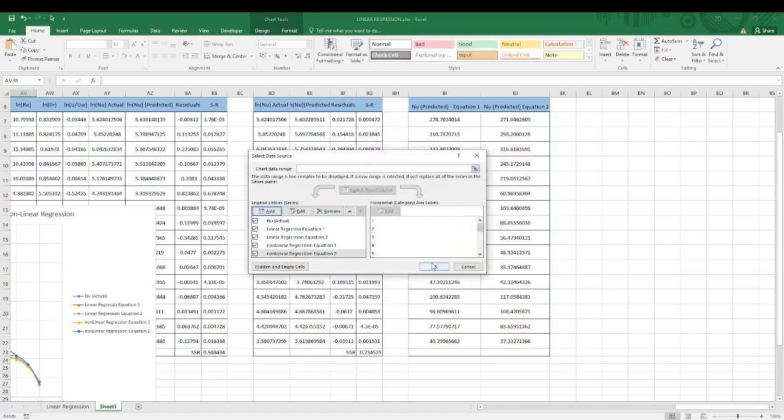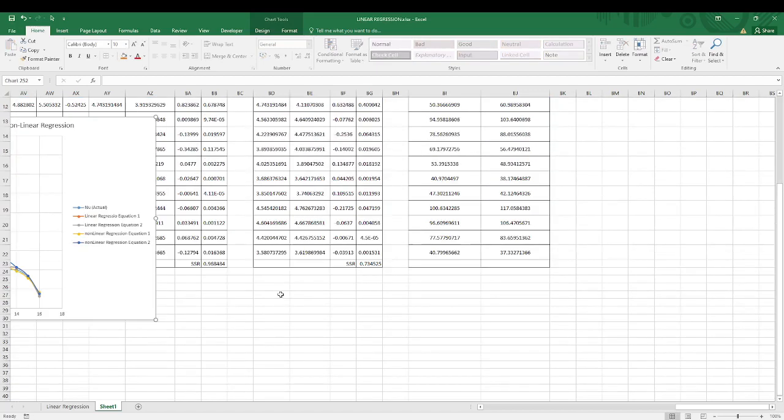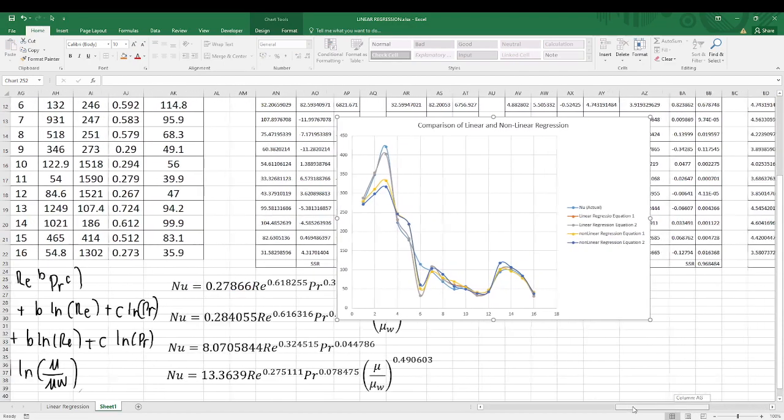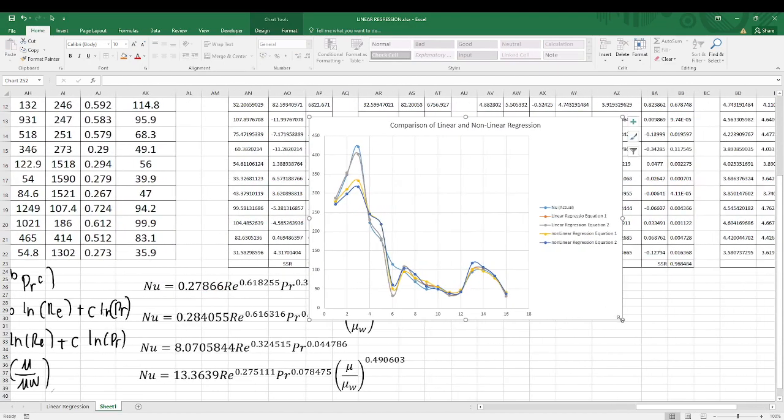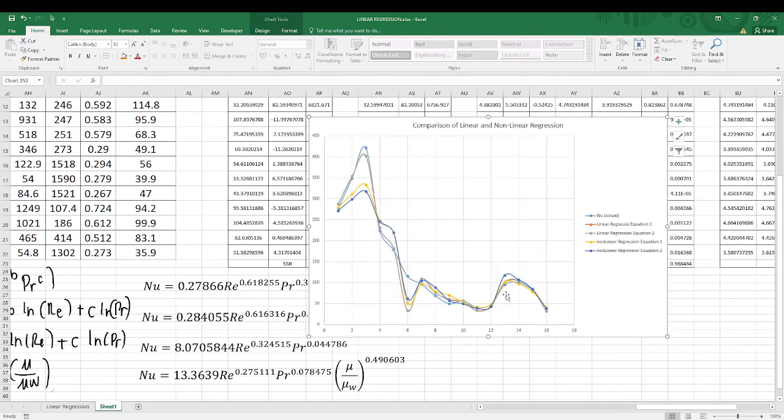Okay. So we could now see the visualization. So let's see.